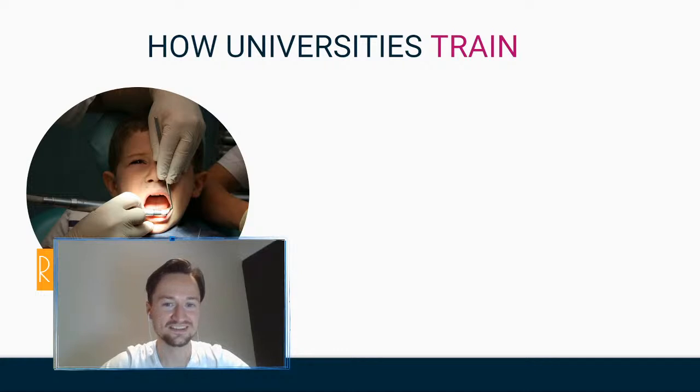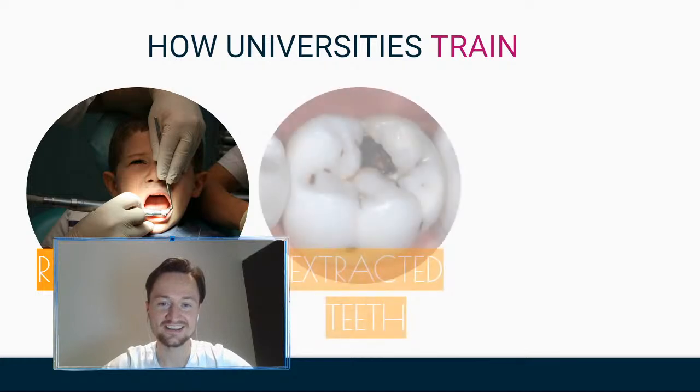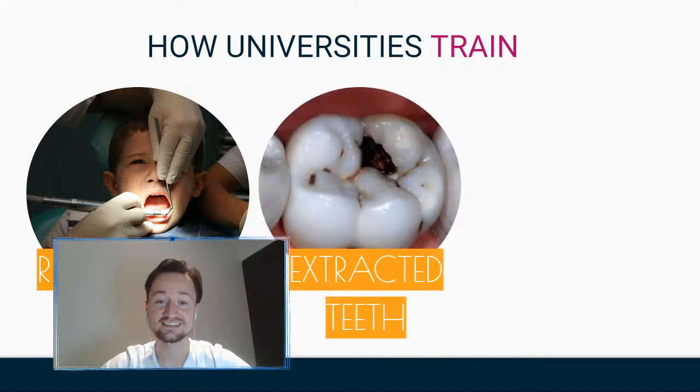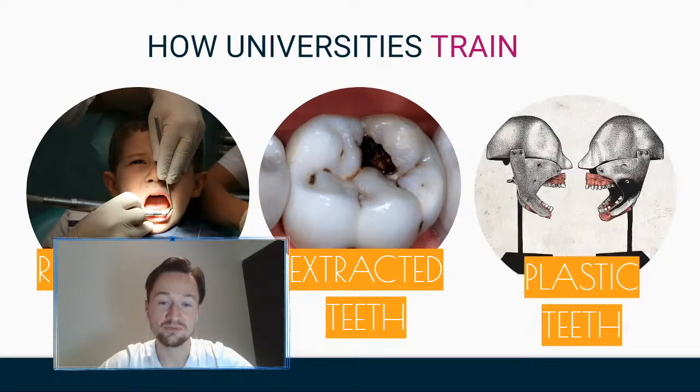Universities at the moment train on real patients attached to their clinics, and on extracted teeth which come from patient treatments, and if we're lucky, we'll be able to do that more often. But in the vast majority of cases, students practice on plastic teeth inside phantom heads, often just at a single density, so we don't actually feel the difference between the enamel, the dentine, and going through to the pulp.